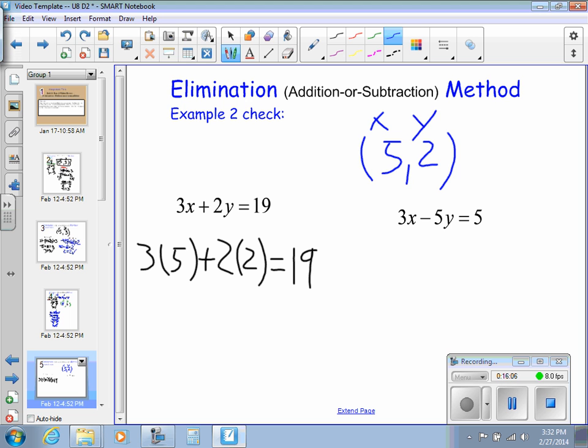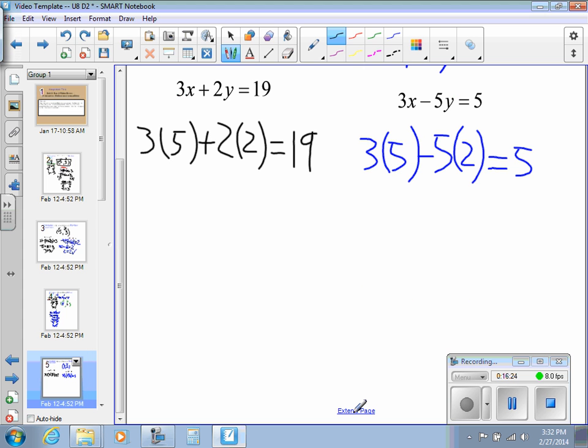And over here, I have 3 times 5 minus 5 times 2 equals 5. Now, as I have mentioned before, my solution has to check in both equations. If it only checks in one, it's wrong. We made a mistake somewhere. It has to check in both equations. So let's go ahead and do this.